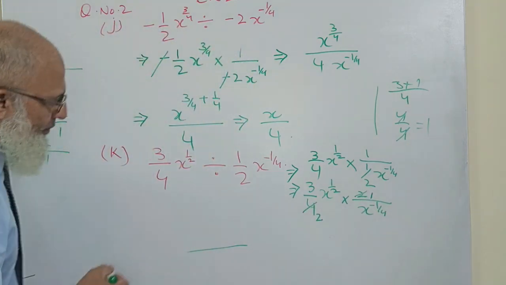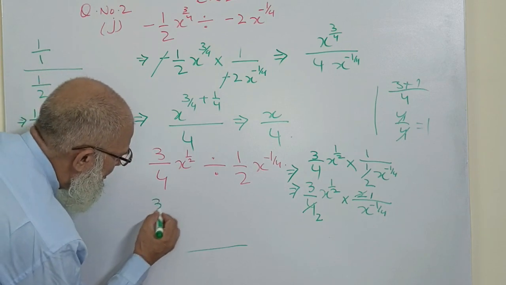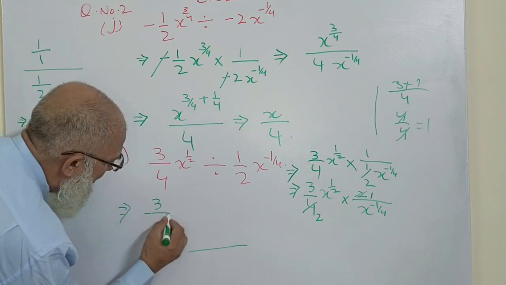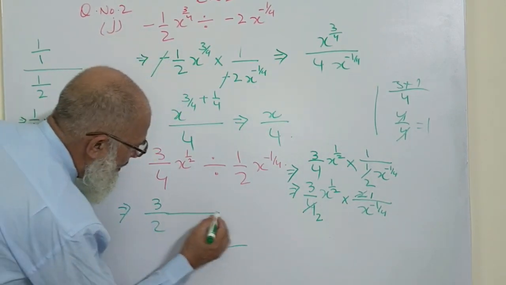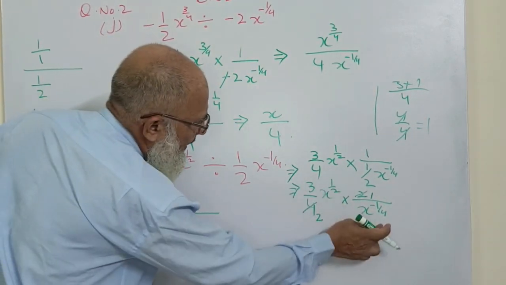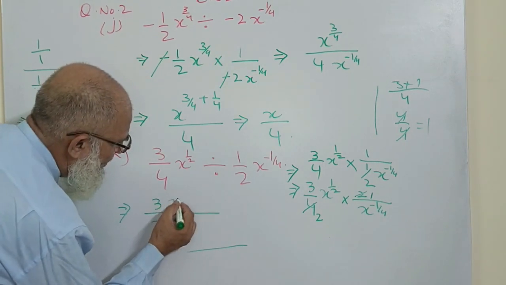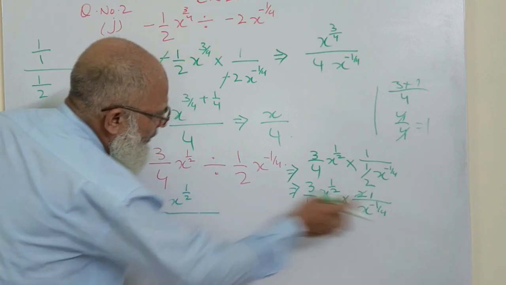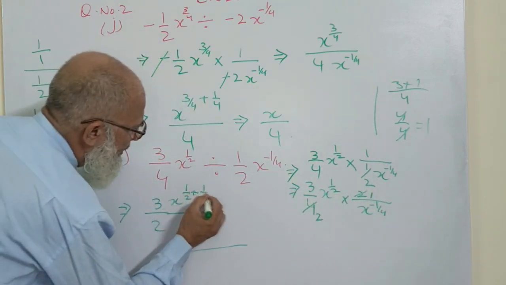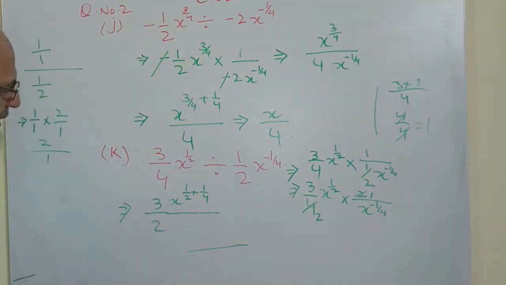So what we have left with is 3 by 2. Now, what about the x over here and over here? It will become x 1 by 2. Now, when it will come up, it will become positive.